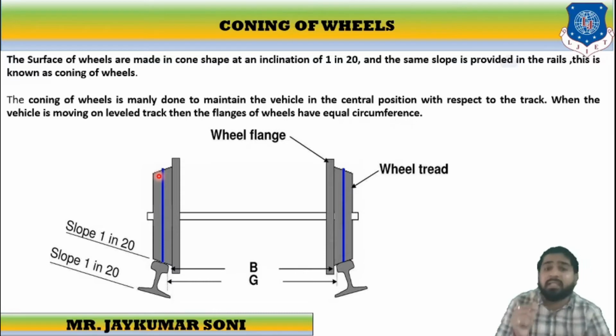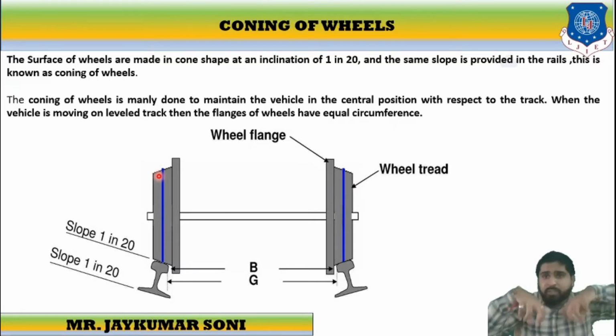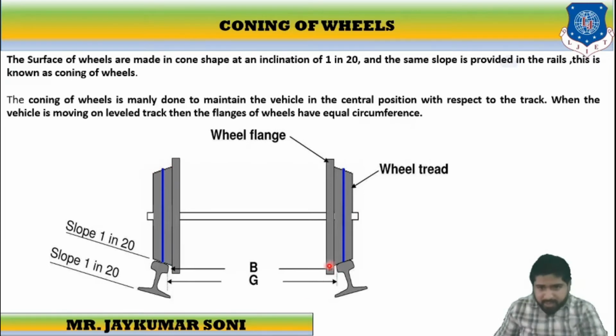To stop this particular phenomenon, coning of wheel is mainly done. It is used to maintain these wheels in the central position. So this additional space is provided so that they can move easily and cannot get displaced from the rails to the outer side of the rails.